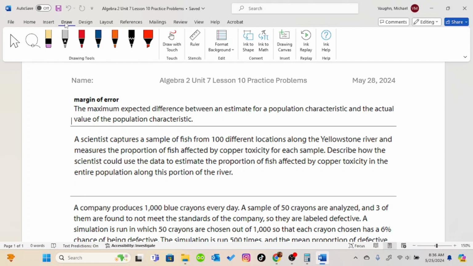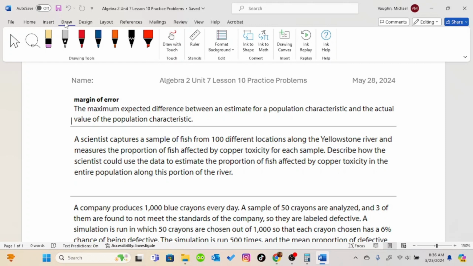How much of an error could there be? If I report a result, how much higher than that result could the actual result be, and how much lower than that reported result could the actual result be?